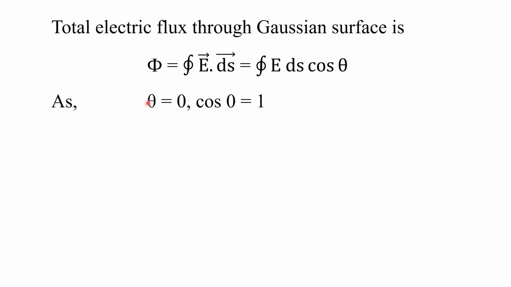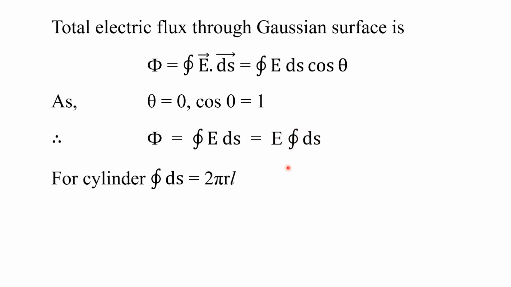As theta is equal to 0, cos 0 is equal to 1. So phi is equal to E integration of ds. Here ds is the area of the cylinder, so integration of ds is equal to 2 pi rl. Putting this value, we get phi is equal to E 2 pi rl, equation number 2.